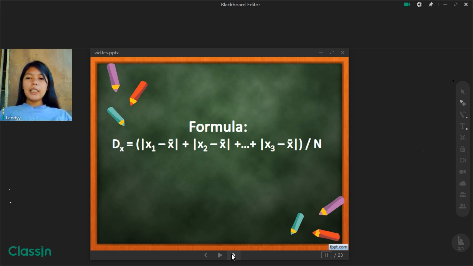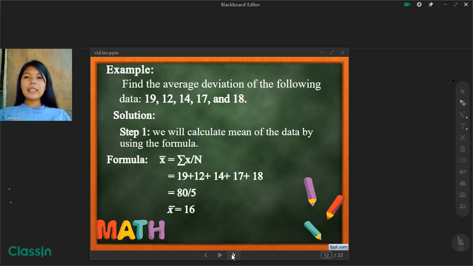D of x is equal to the quantity of the absolute value of x1 minus mean plus x2 minus mean, and so on. Take note that the absolute value means all of the results are positive and none negative.